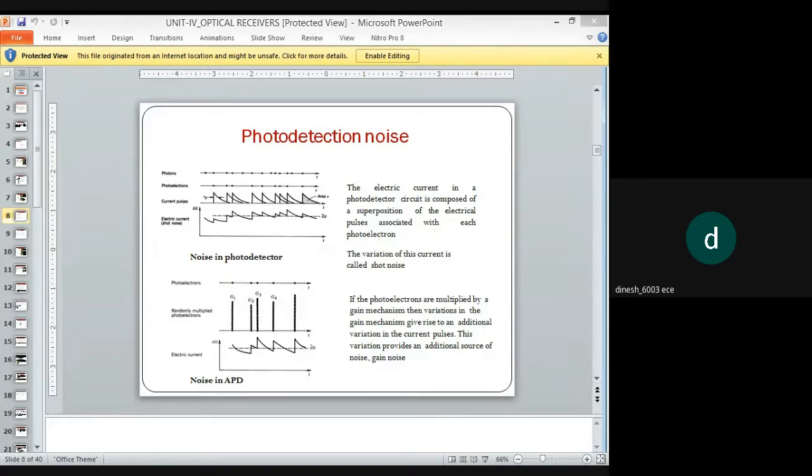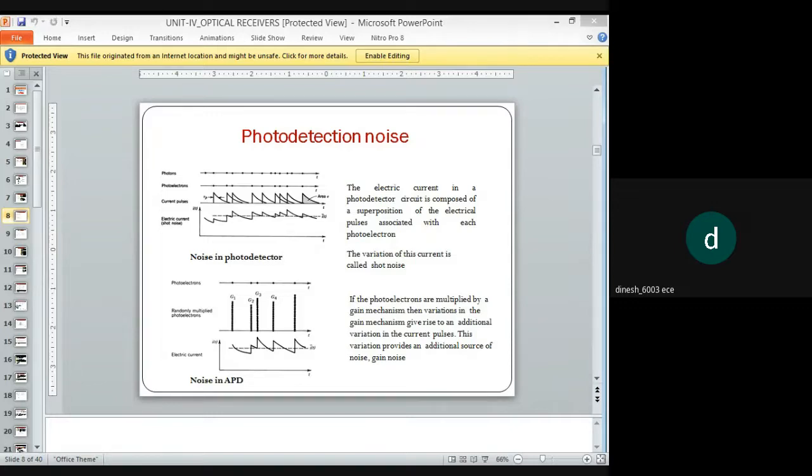Then this signal, which is attenuated and optically distorted, is given to the PIN photodiode or the avalanche photodiode, where the optical signals that are received are converted back to electrical pulses, electrical current pulses containing photodetector noise. So this will have some noise. This noise is amplified and filtered. Then voltage pulses and amplified noise are present.